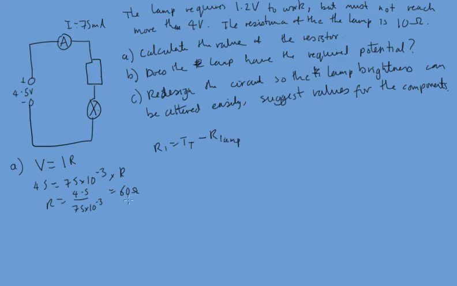So this is the value of the resistance in the whole circuit. So R1, which we'll call this R1, is going to be the total resistance, which is 60, minus 10 for the lamp. So that's going to be 50 ohms.